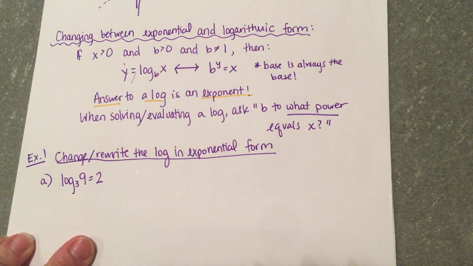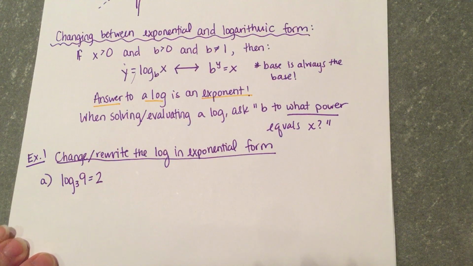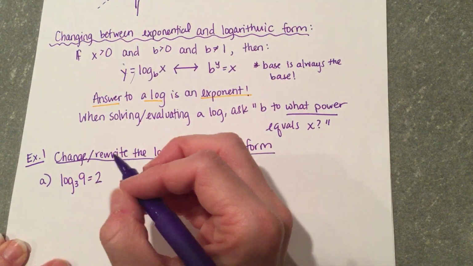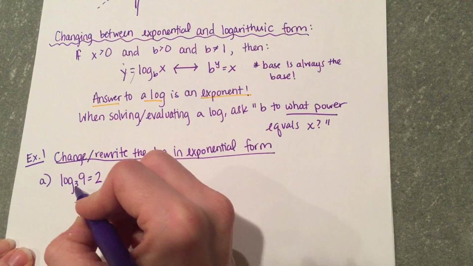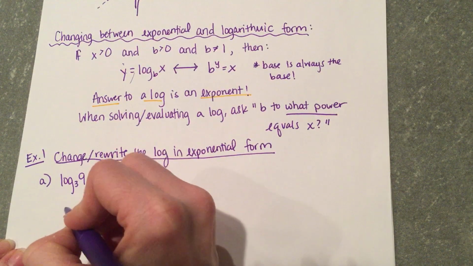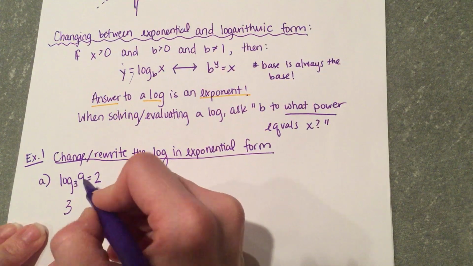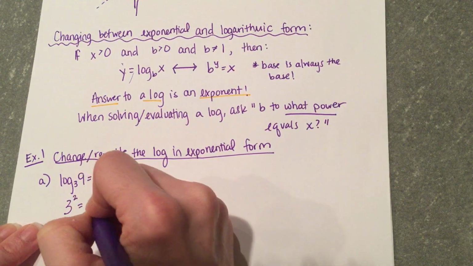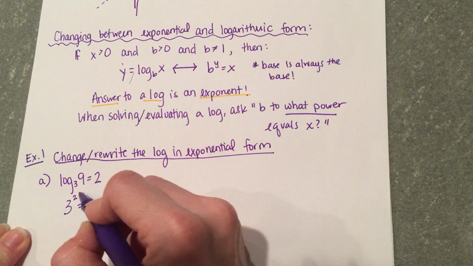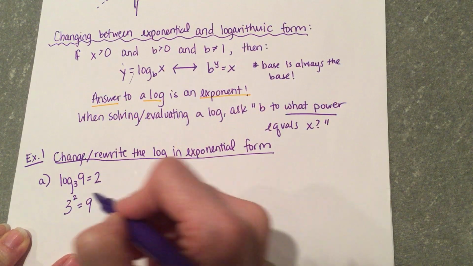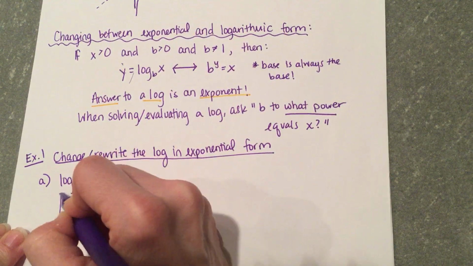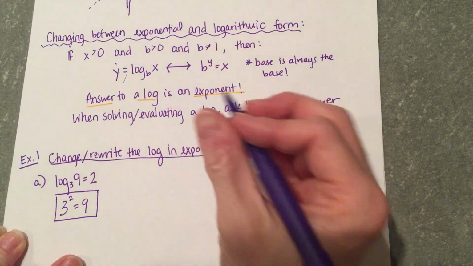So I'm giving you like a true fact, a true equation. The log base 3 of 9 is always going to equal 2. And that's because when we write this in exponential form, remember the base is always the base. So base is 3. And then basically the 9 and the 2 trade places. So we'd have 3 squared equals 9. Remember the answer to your log is your exponent. So that would be your answer here. All I want you to do is rewrite it as exponential.